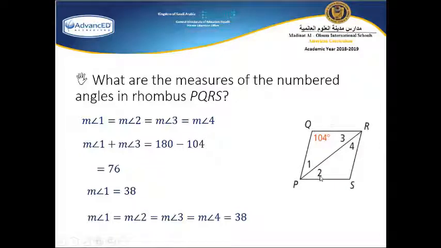And the opposite angles, angle P congruent to angle R, angle S congruent to angle Q, each two opposite angles are congruent.